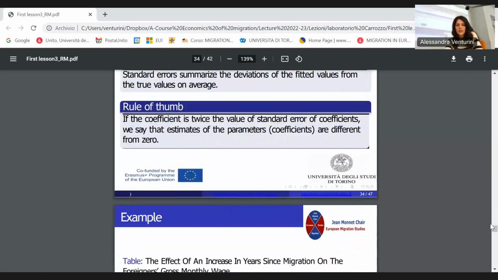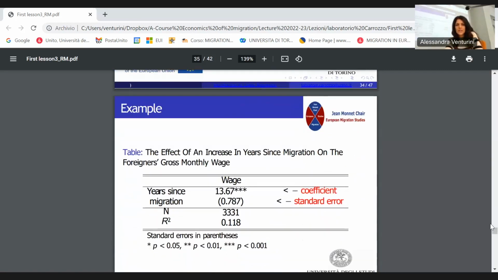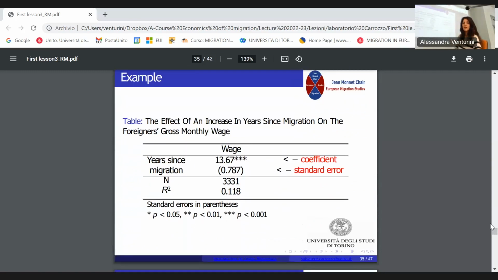For instance, take a look here. This is around 2 times of this. 0.7 times 2 is 1.4. It is much smaller than the other.